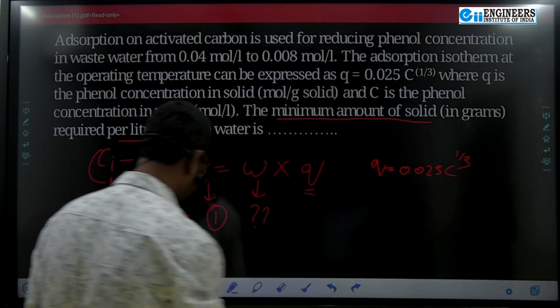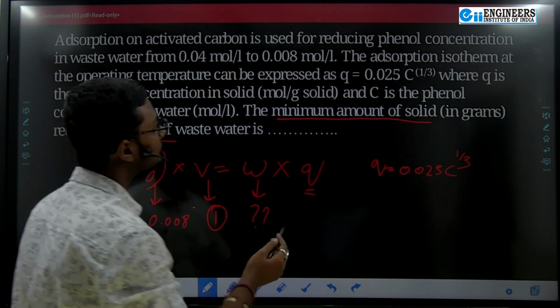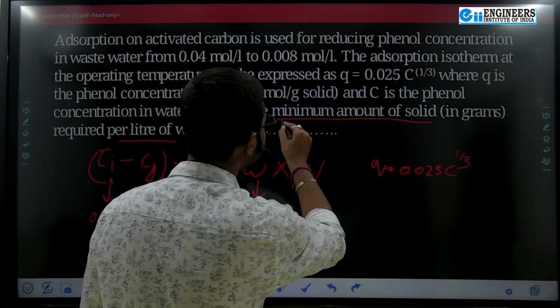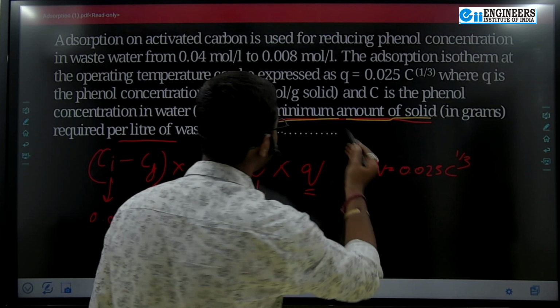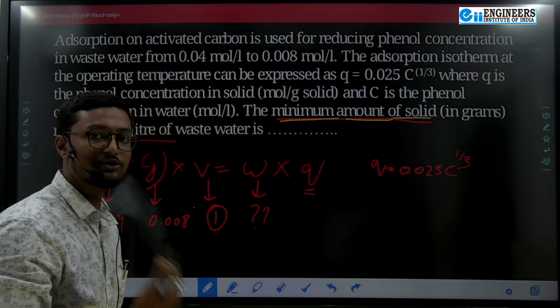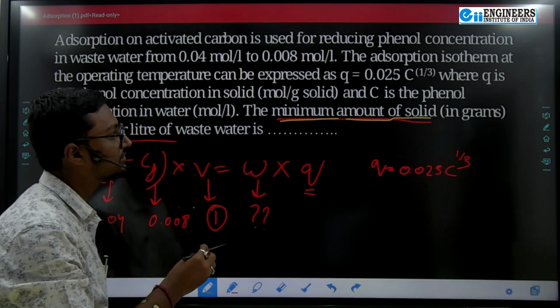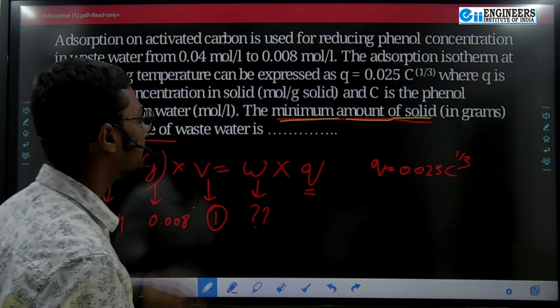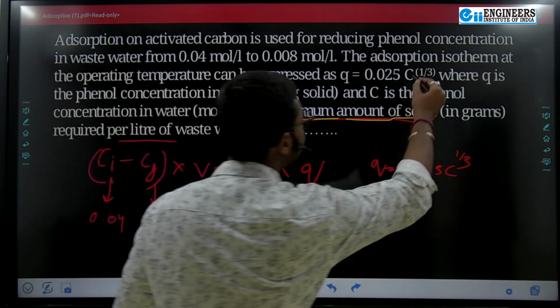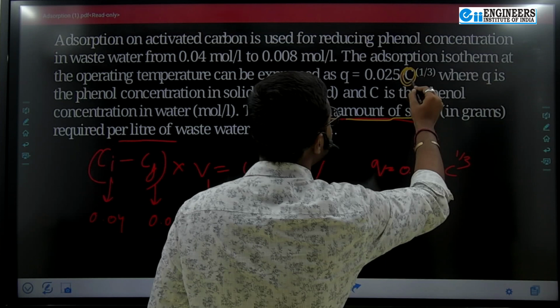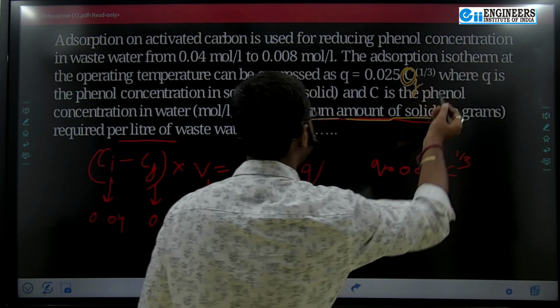Now see here, one more term is used, that is the minimum amount of solid. Whenever the minimum amount of solid or the equilibrium amount of solid is mentioned in the question, at that point we can directly assume that this C must be the Cf, or the C equilibrium.